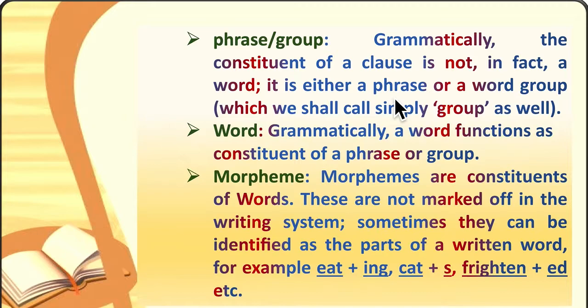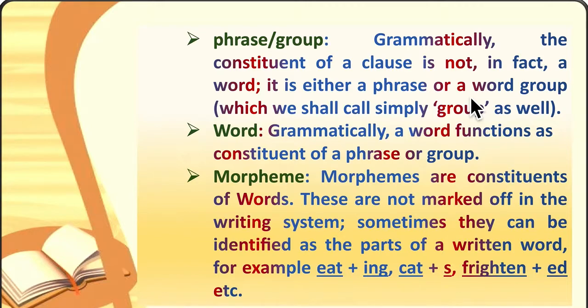It is either a phrase or a word group, which we shall call simply group as well. Look here, phrase group. So the constituent of a clause, if we study, we find that it is not a word, but rather it is a phrase or a word group or a group of words.